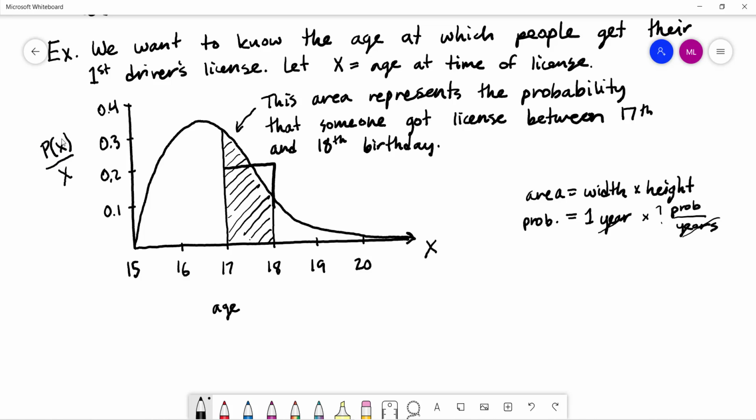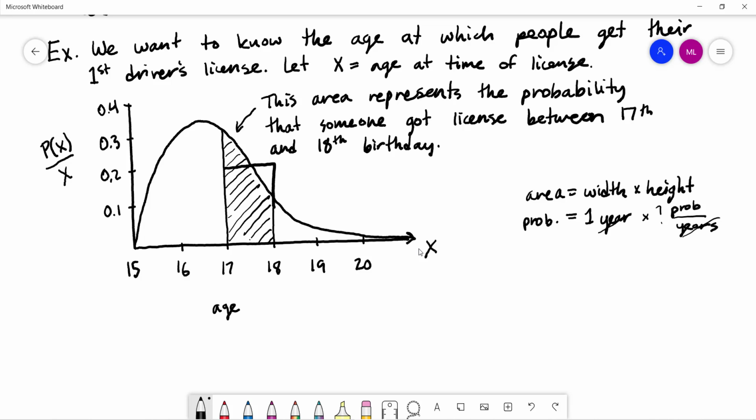And so in this case, it's probability divided by whatever this random variable happens to represent, which again is years. So these are the units along the vertical axis. And that's why we call it a probability density function.